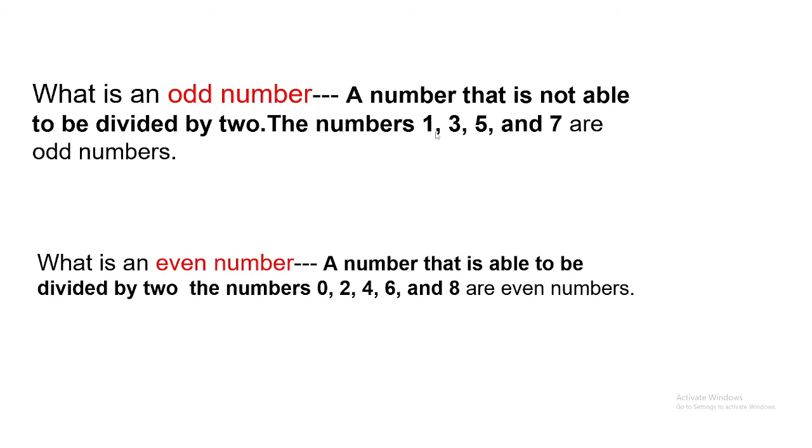You'll always have a remainder. So if you divide 3 by 2, you'll have a remainder of 1. Then an even number is a number that if you divide it by 2, there is no remainder.